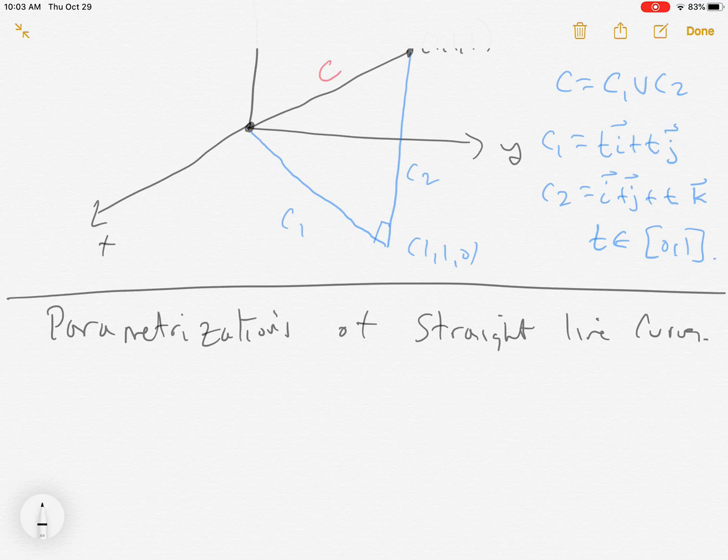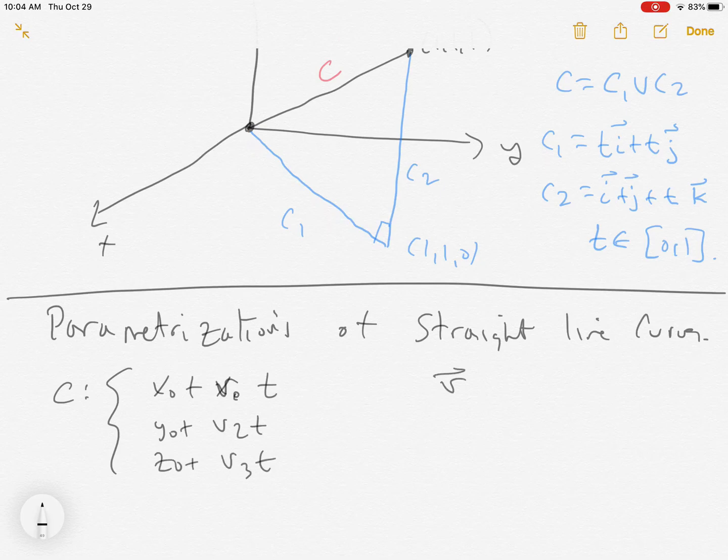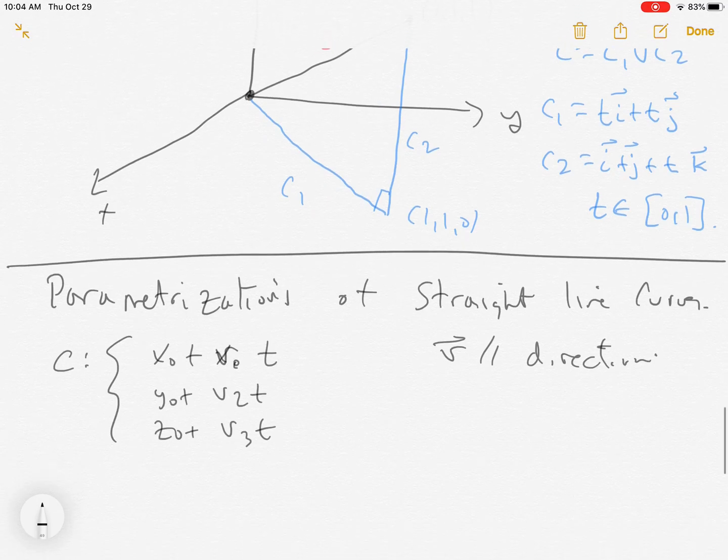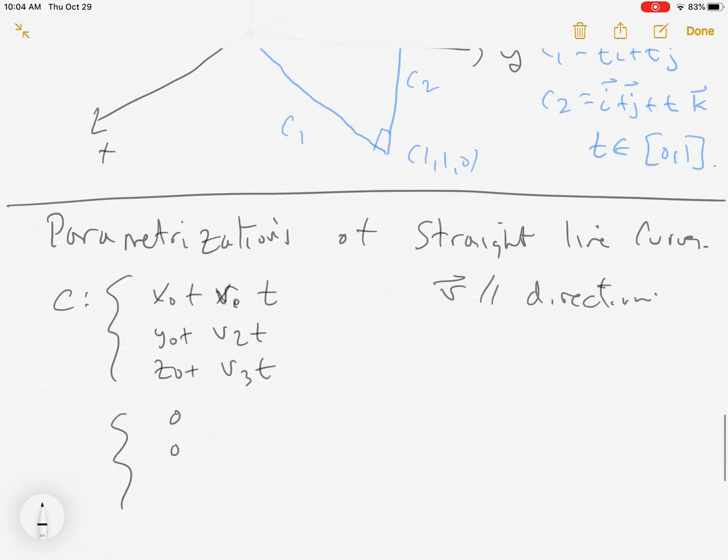Remember that lines have this form: x naught plus V1t, y naught plus V2t, z naught plus V3t, where V is a vector parallel to the direction. To find this parameterization, we start at 0, 0, 0, and the vector is i plus j plus k.